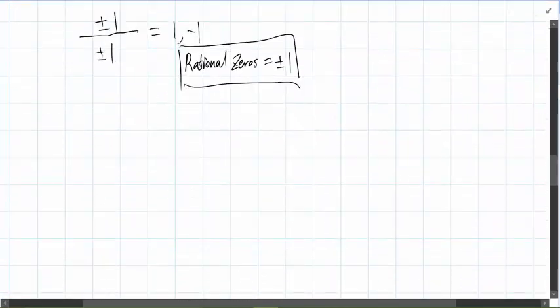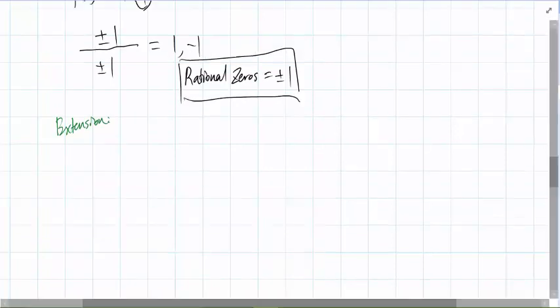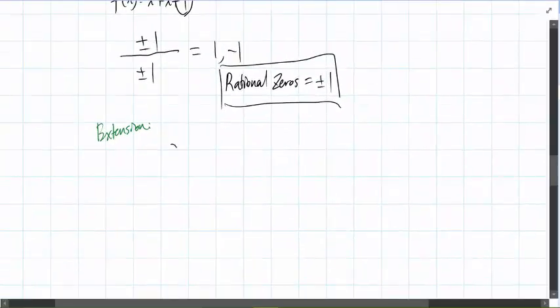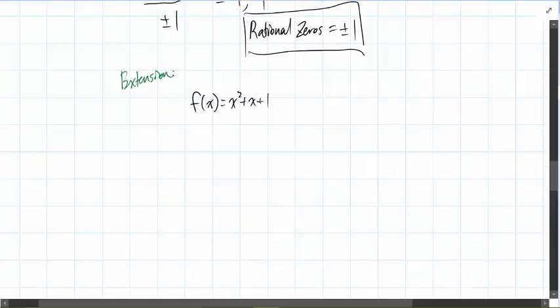So after this, what we would normally do, sort of like the extension, is to actually solve and see which one works. So if we have f of x equals x squared plus x plus 1, the same function we had before, we'll test this out.